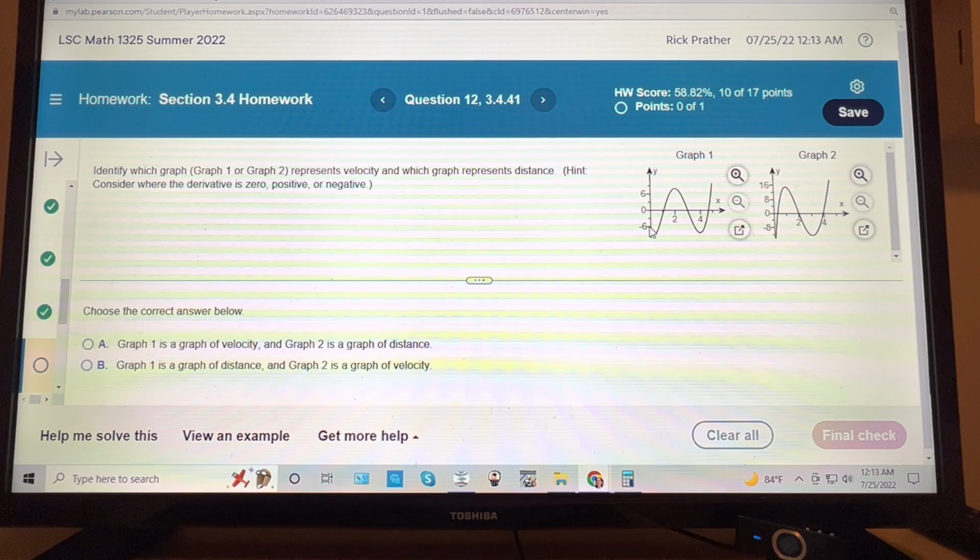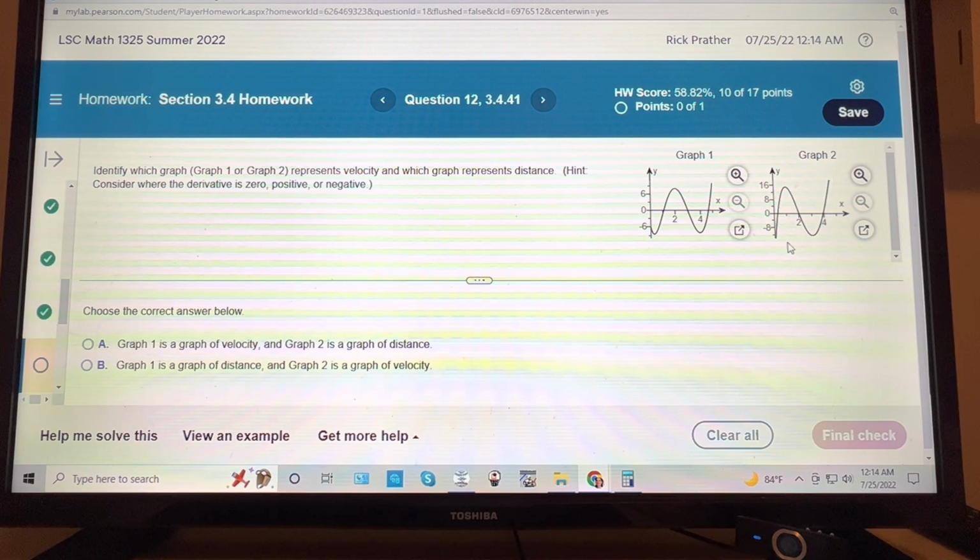Any portion where a graph is decreasing on the original graph, on the derivative graph, you would be below the x-axis. And then when it increases, then you're above the x-axis. It's decreasing all the way to 4, you're below the x-axis, and then it's increasing from 4 and beyond, then you're above the x-axis.